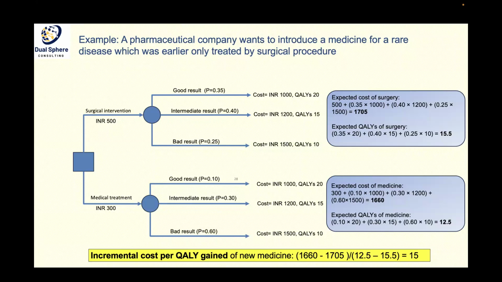Exactly. So basically, those who don't know, it is a way of measuring the value and benefit of your health outcome, and it is made of two components: length of life and quality of life. So you multiply the quality of your life by the number of years.